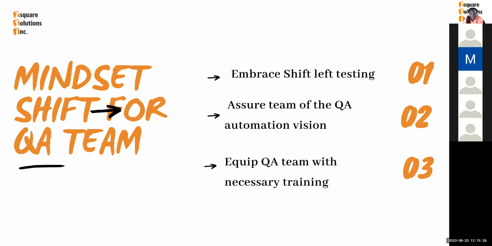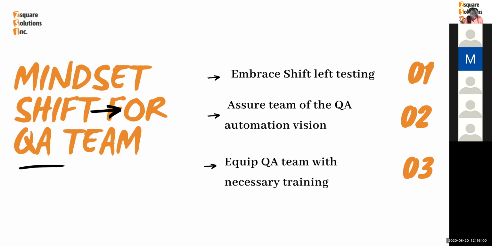Another thing, because this is how I always see any strategy or even delivery of software, it's always about people, process, and product. So you've got to think about your people. How are they accepting this new vision that you have about automating? How are they accepting this new tool that you're going to have? And the last thing is you've got to provide them necessary training.